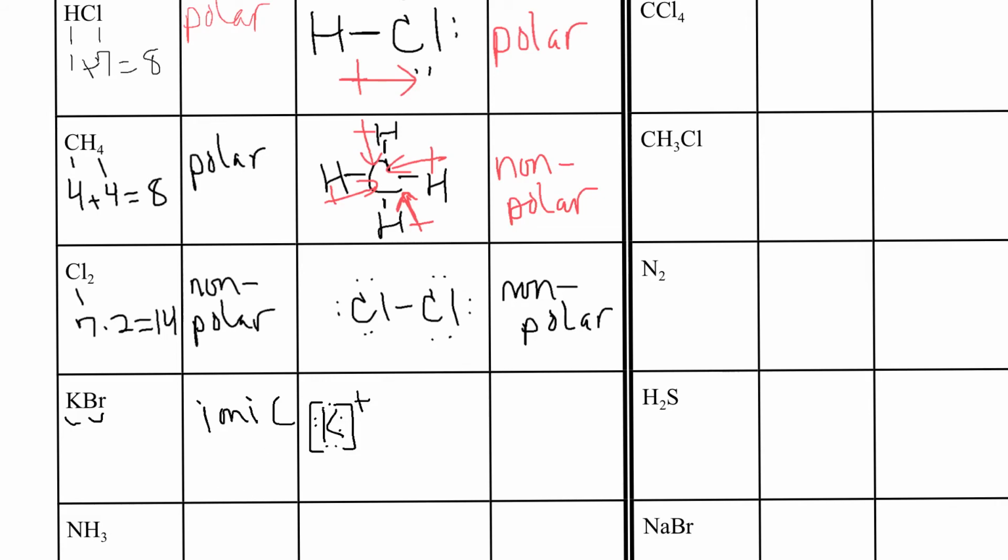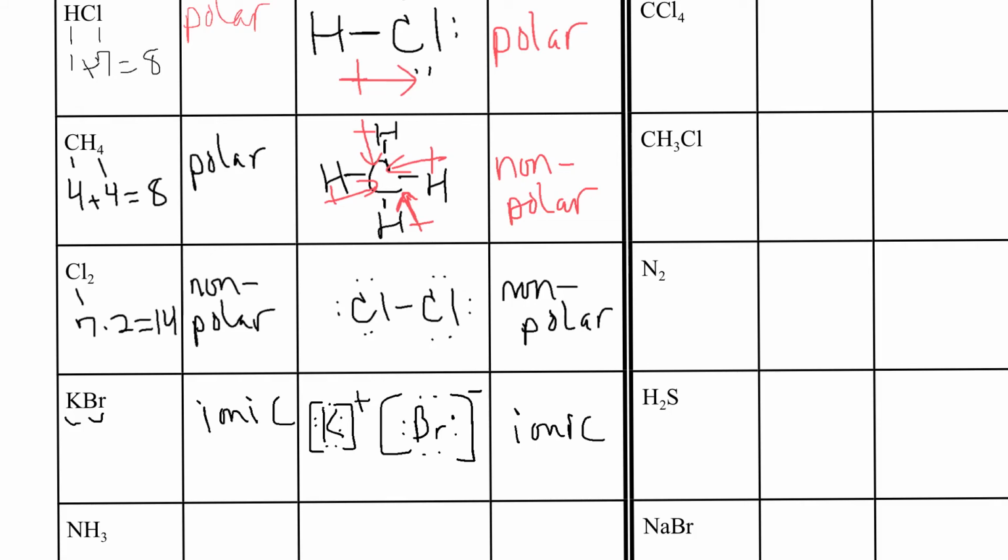Okay. And bromide, on the other hand, starts off with 7, and it will accept an electron. There's the one it accepts, and that gives it a negative charge, and that's what brings it together. Okay, so there's no sharing whatsoever, not covalent at all. This is ionic, so ionic bonds result in an ionic compound.